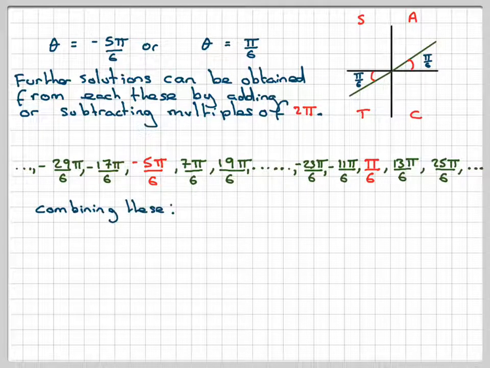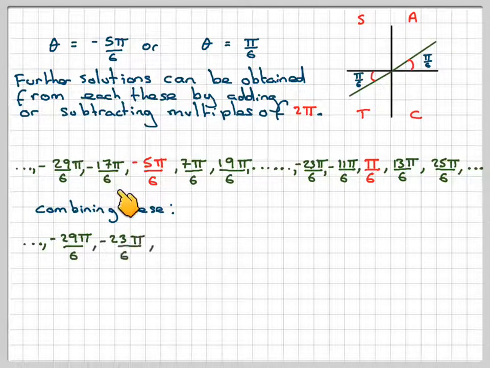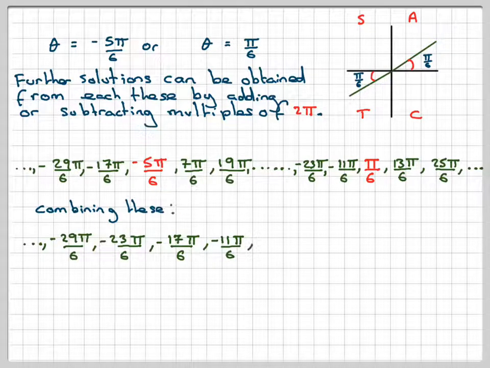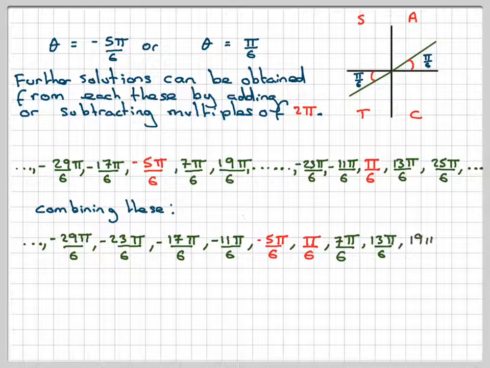Combining these, starting with the lowest one here, we've got minus 29 pi/6, minus 23 pi/6, minus 17 pi/6, minus 11 pi/6, minus 5 pi/6, pi/6, 7 pi/6, 13 pi/6, 19 pi/6, and 25 pi/6. Notice that these will carry on that way and that way as well.